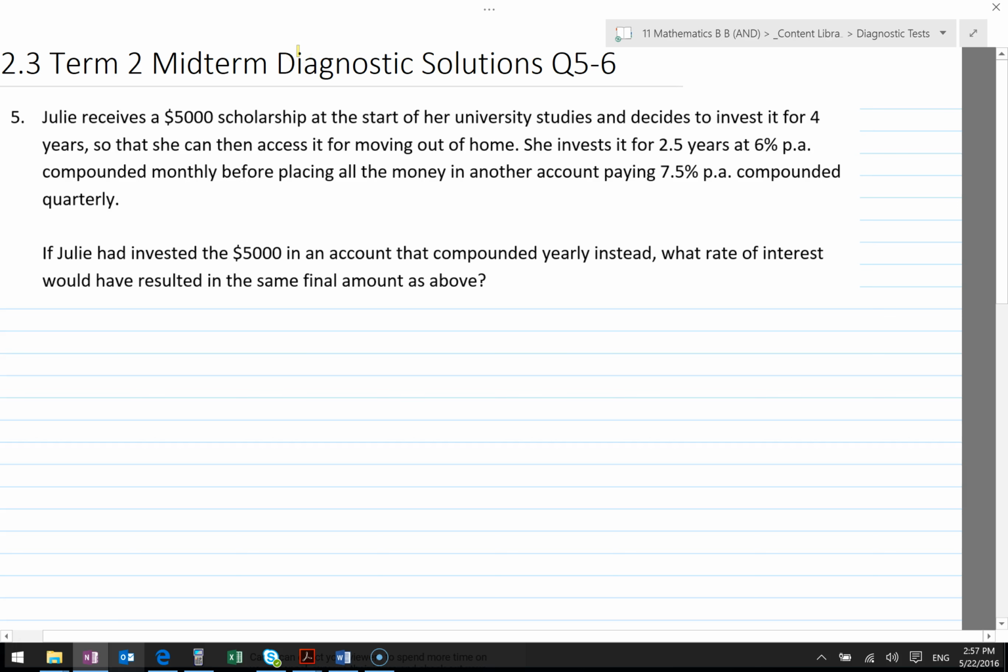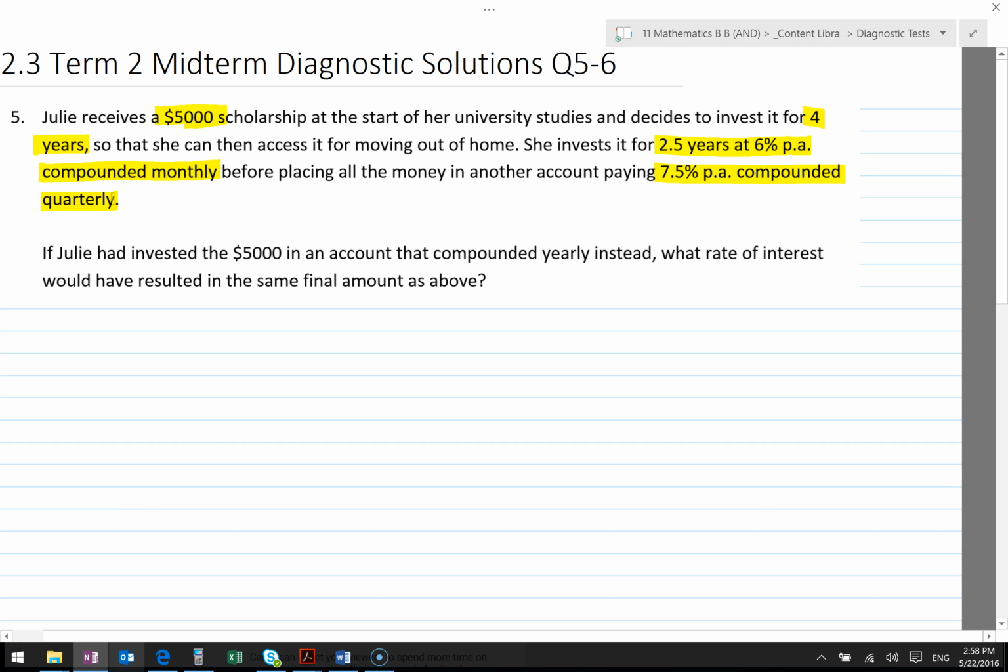Question 5 is about compound interest. Julie receives a scholarship of $5,000, and she's going to start uni and invest it for 4 years so that she can access it before moving out of home. She invests it for 2.5 years at 6% compounding monthly, before placing all that money in an account paying 7.5% compounded quarterly.